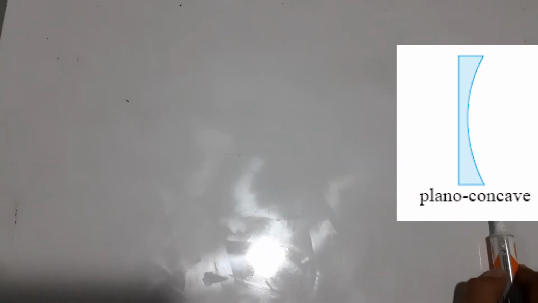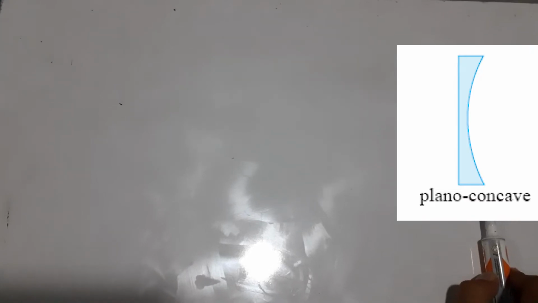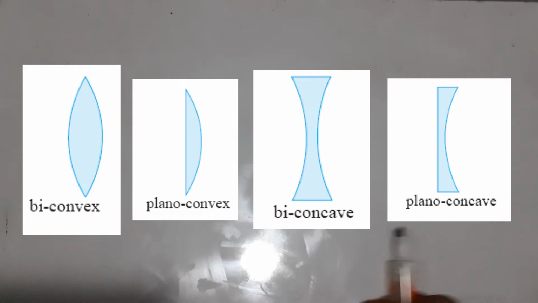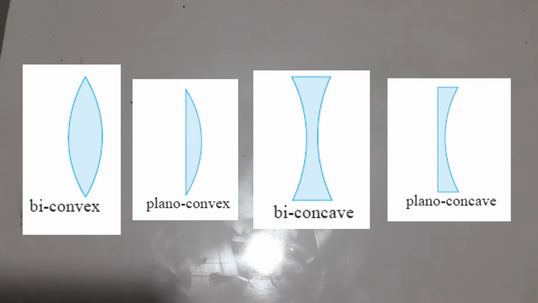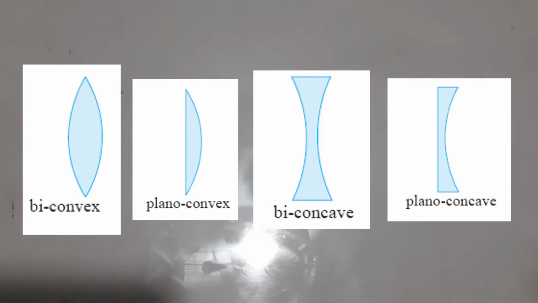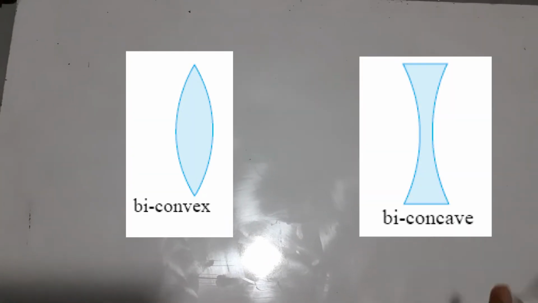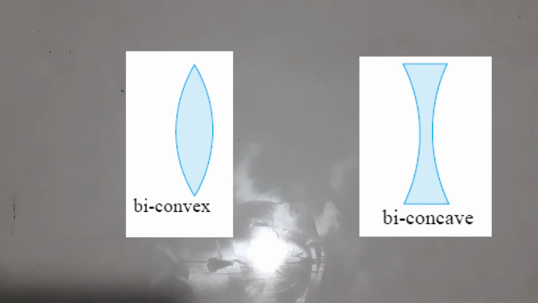The fourth one has a concave surface and a plane surface, which is known as a planar concave lens. So these are the four types of lenses that are used in normal day-to-day life. Mainly we use biconvex and biconcave lenses in optical instruments.